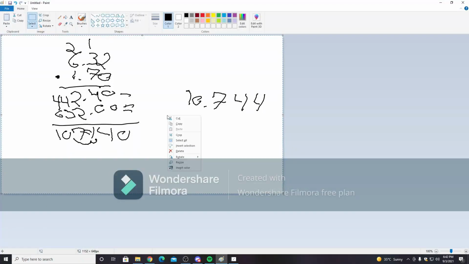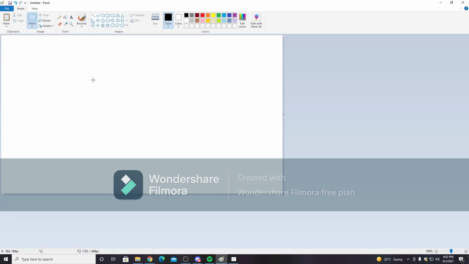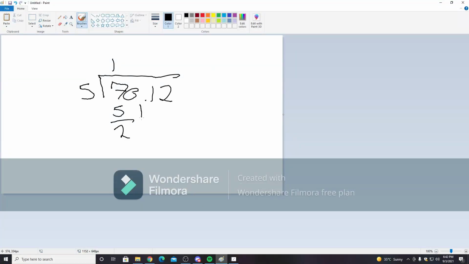So dividing, this is something that's kind of hard for me actually. So we'll do, I guess, 12 divided by 5. Make sure my brush is selected. We do 12 divided by 5. So how many times does 5 go into 7? 1. This is 2. 20, 12.